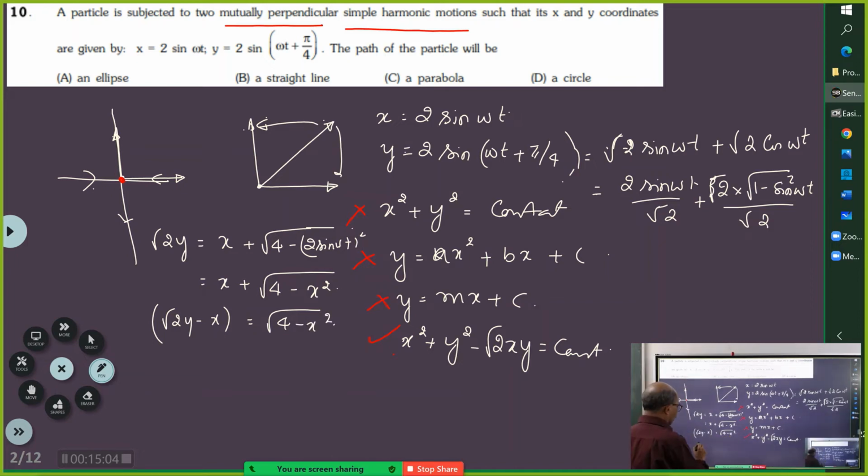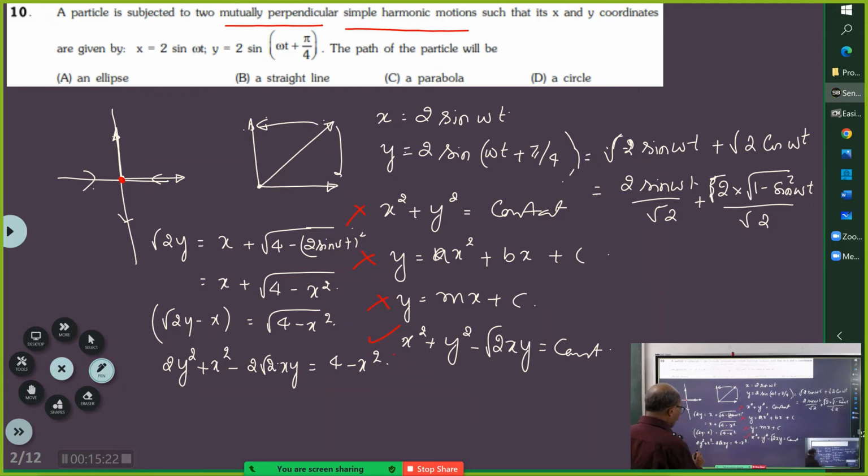So square on both sides and open the bracket. Yes. Plus x square minus 2 root 2 xy equal to 4 minus x square.